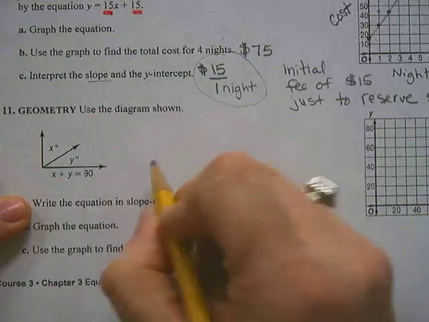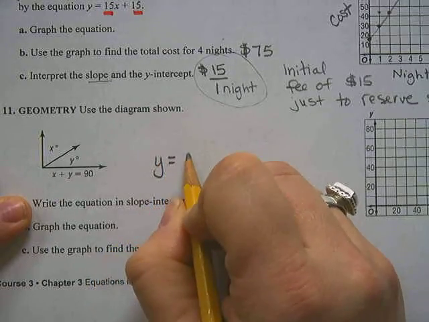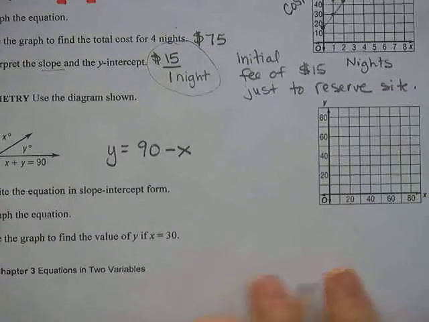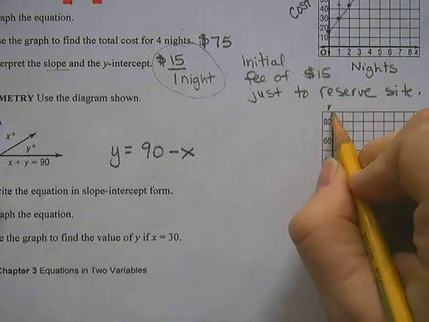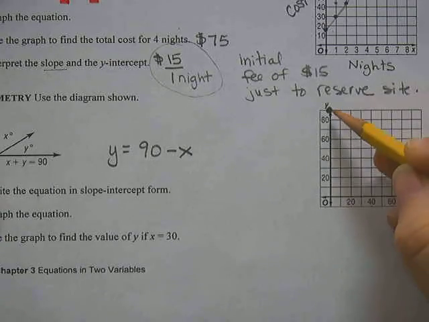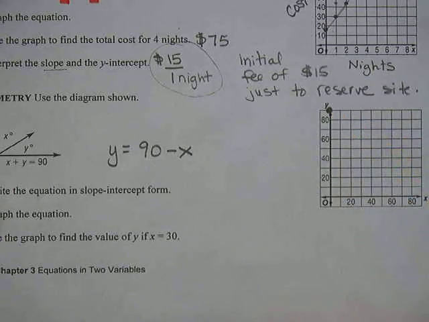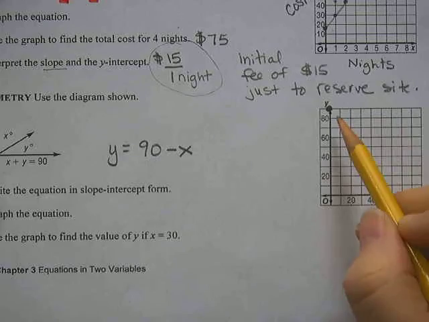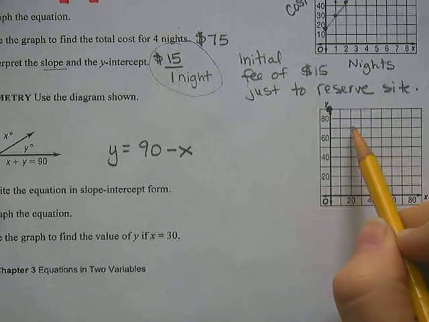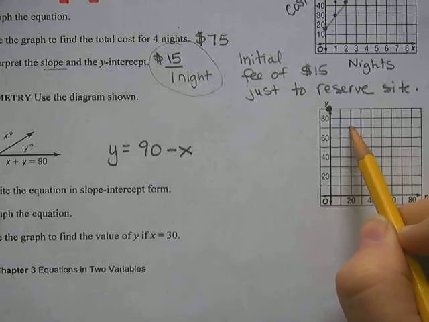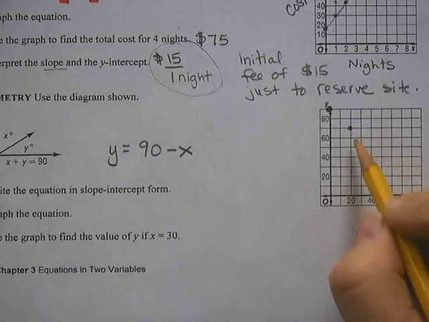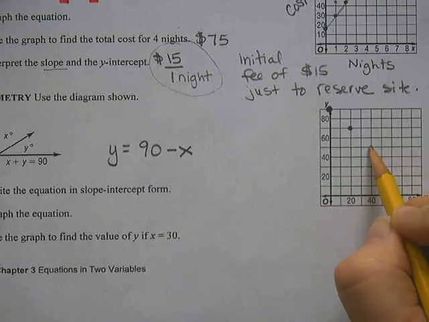Alright, number 11, x plus y equals 90. So if we solve this for y, y equals 90 minus x. So in this case, our y-intercept is going to be 90. So we go all the way up here on the y-axis to 90, and we're going downward by a slope of 1. So that means if we go down 20, it goes down here and over 20. 20 over 20 is 1.